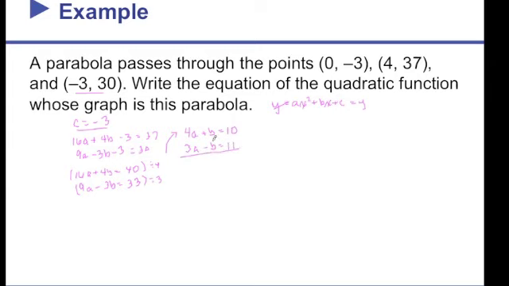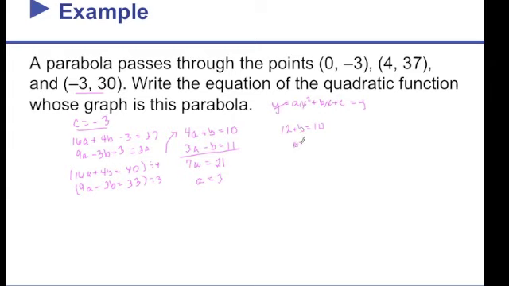Oh, and then my b's would cancel out. I'll have 7a equals 21. So a equals 3. And now I can go to maybe this equation. 4a would be 12 plus b equals 10.